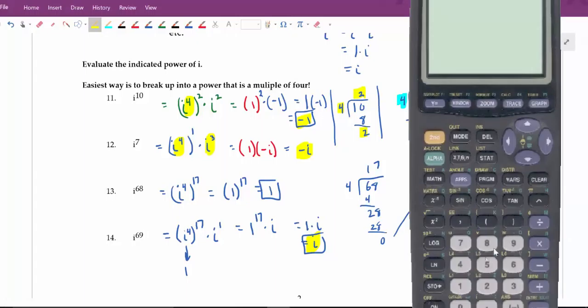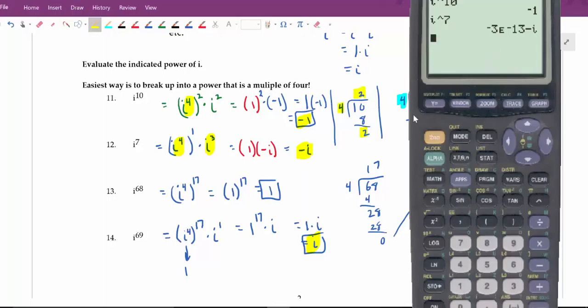So that's how you can work out your powers of i. Okay, and your calculator will do these. Your calculator sometimes on these powers of i won't do these quite right. But you could go like i to the 10th on the first example. That gives -1, like we got. If I did i to the 7th on the second example, now see, this is what I'm talking about.